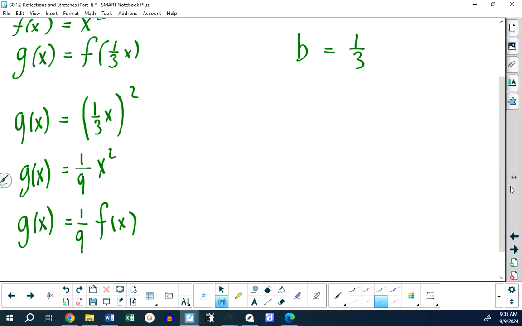So in this case, if you were given the graph of the original function and the graph of the new one, and you said, oh, it's stretched horizontally by a factor of 1/3, you can arrive at that by saying, I can do this, or I can do this.